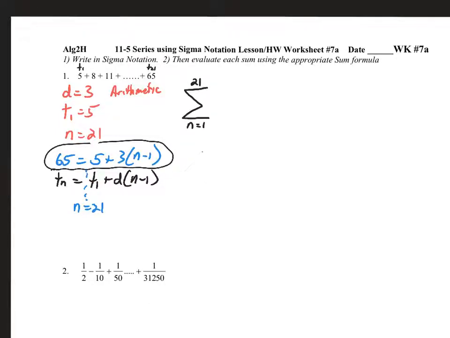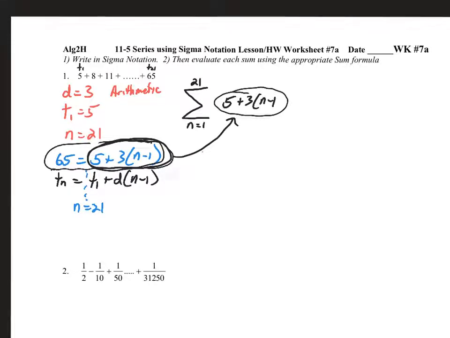Now, what goes here? Actually, this goes here, because this is the formula for finding a specific term in this particular series. And so that's what we pop right in there. We pop 5 plus 3 times n minus 1.